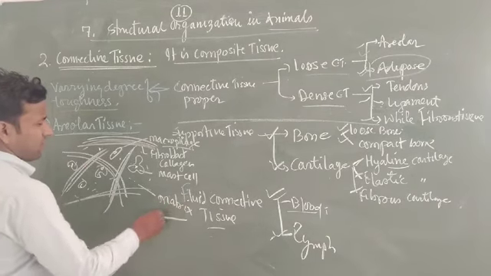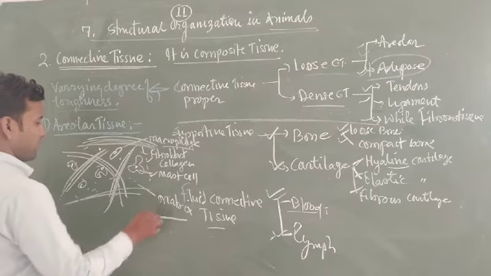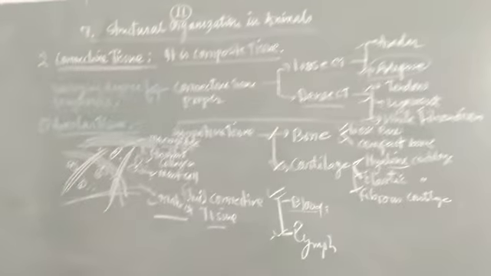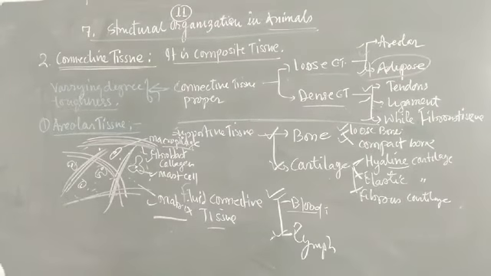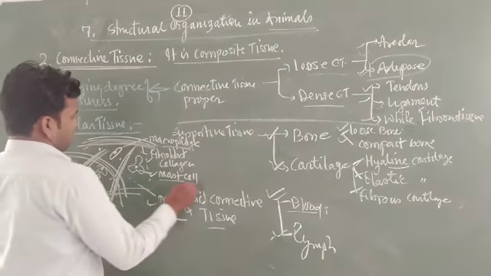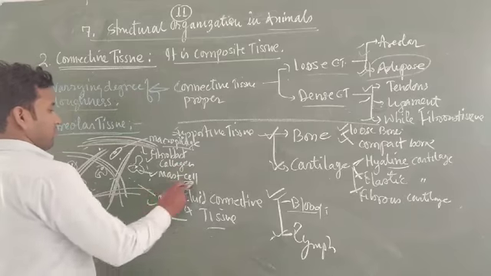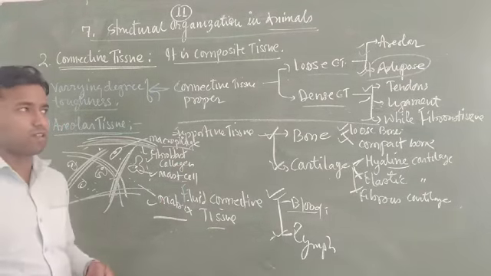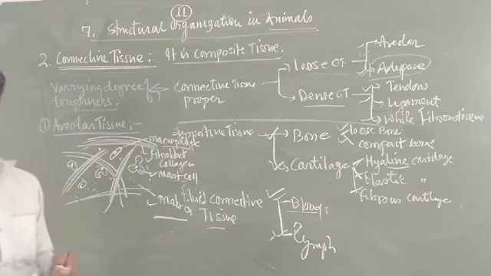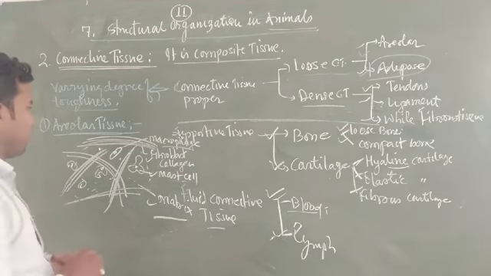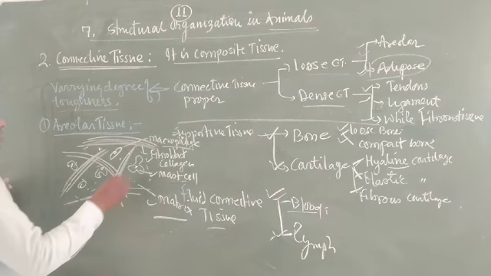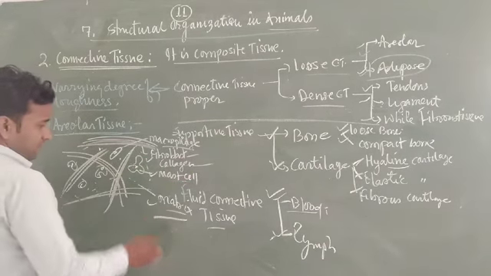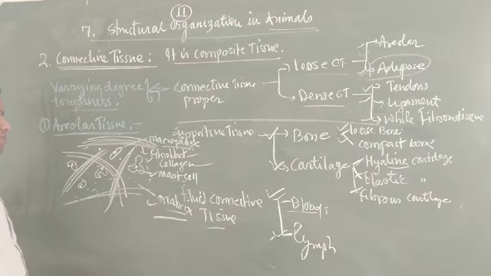Generally, the cells, fibers and matrix are parts of connective tissue, and this is a very important point. You must write this. If anyone asks what materials combine together to form connective tissues, the answer is cells, collagen fibers and matrix, all present together.